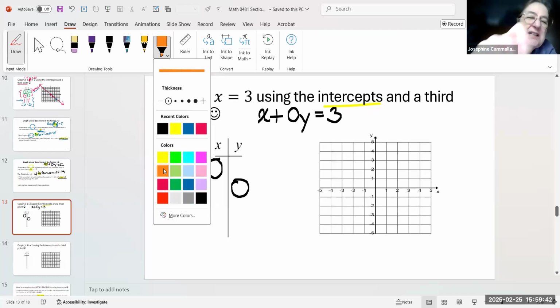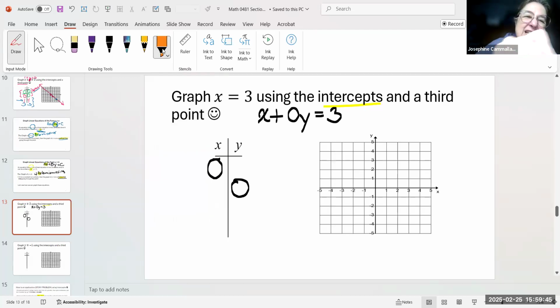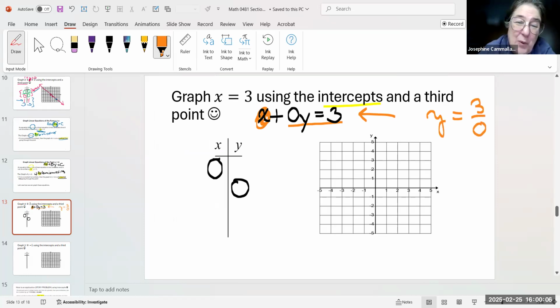If I put 0 here, you have this equation: 0y is equal to 3. When I solve this equation, y is equal to 3 over 0. This is undefined. We don't have that point.